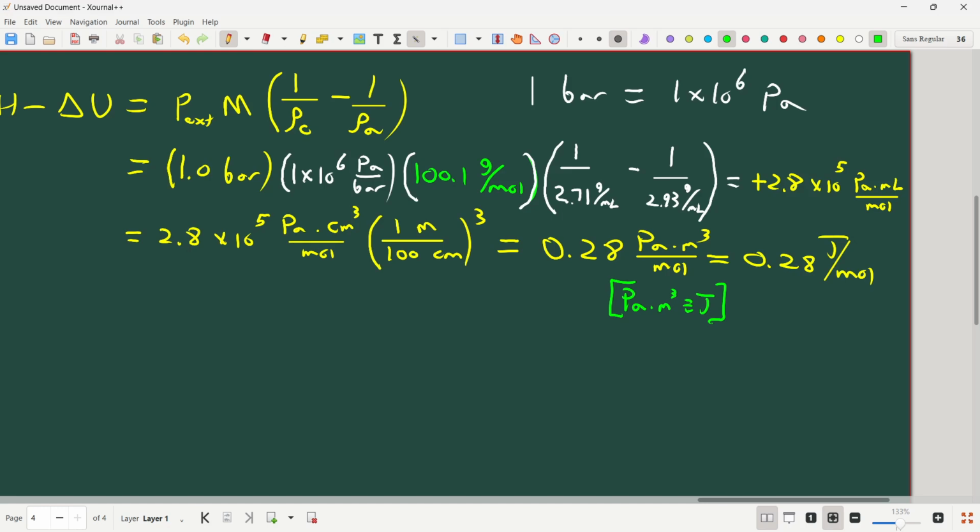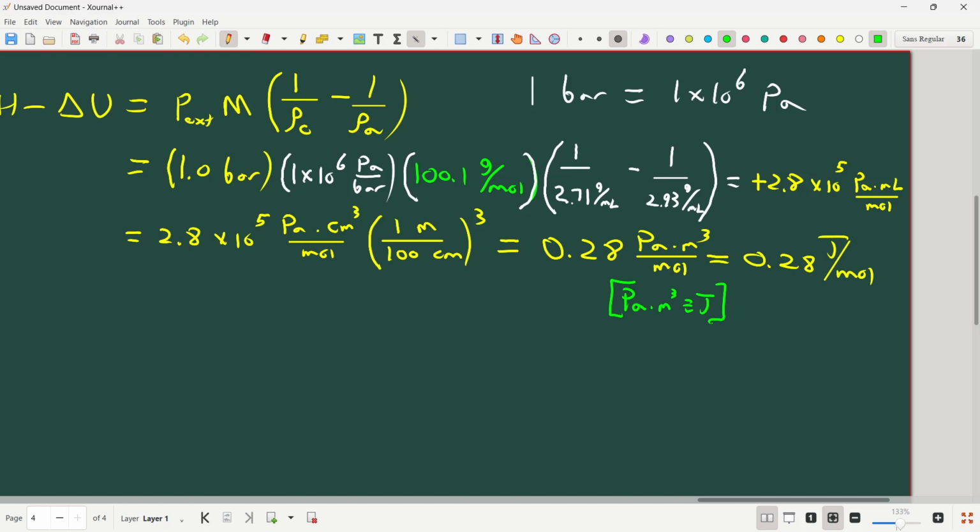So the sign on this is incorrect, but basically this means that it takes 0.28 joules per mole to take that calcite crystal and convert it into aragonite. It takes that much to compress the calcite into the aragonite.